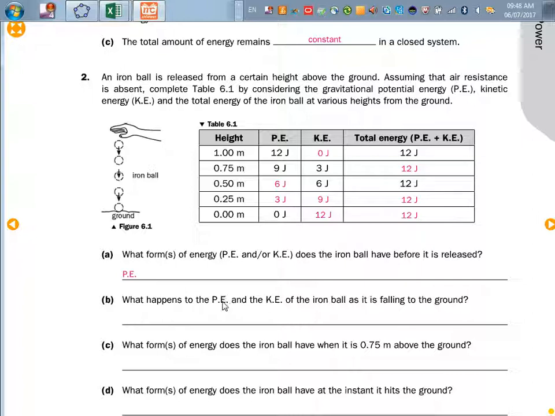What happens to the potential energy and kinetic energy as it is falling to the ground? So we need to consider two different types of energy. As it is falling, what happens to the potential energy, Moaz? Okay, good. Potential energy decreases, kinetic energy increases.